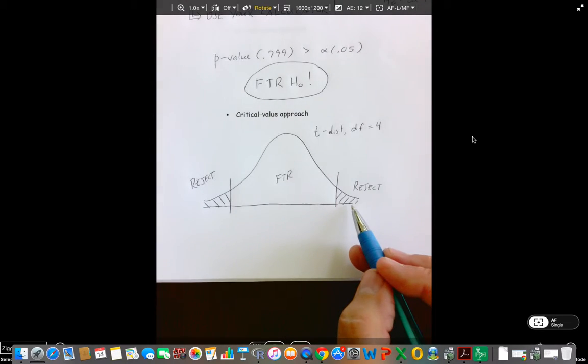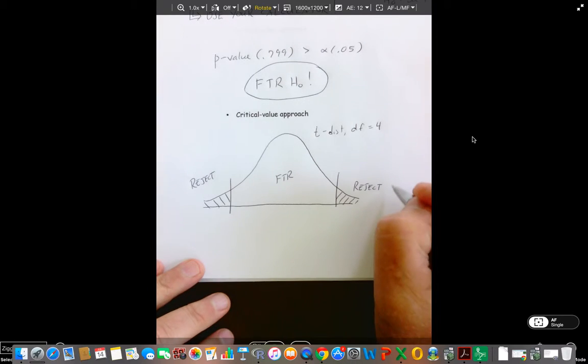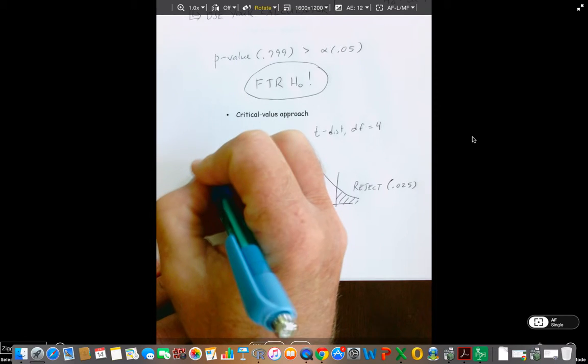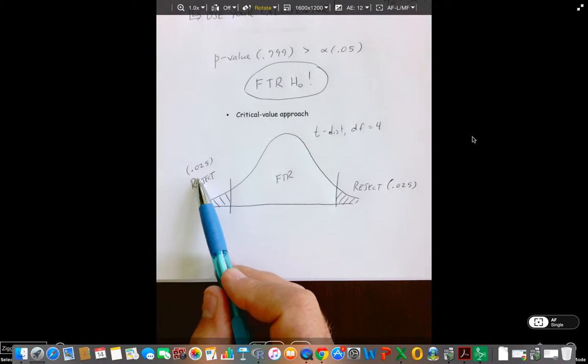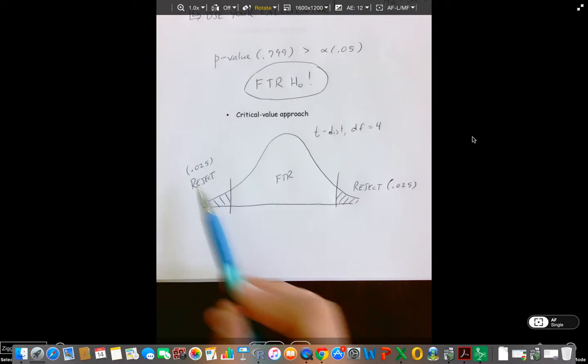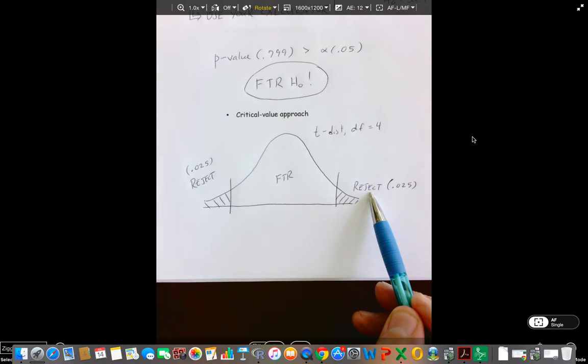The amount we put in each tail is half of my alpha. My total rejection region always has to add up to my alpha. My alpha is 0.05, so this rejection region plus this rejection region has to add up to my 0.05.